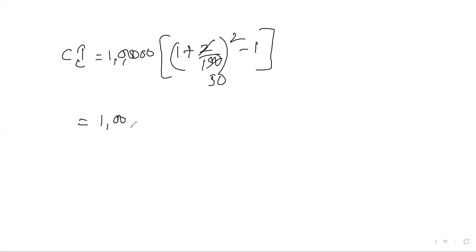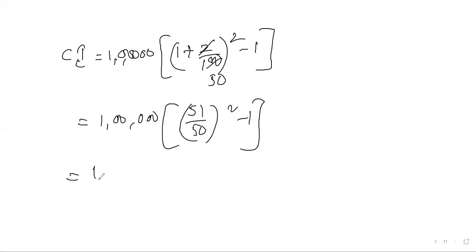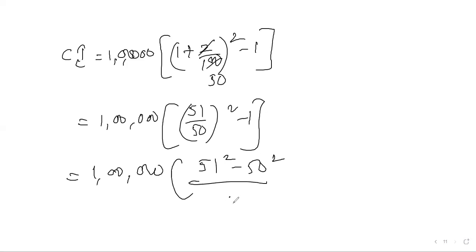Again this is 1 lakh into (50 plus 1) 51, so that is 51 by 50 whole square minus 1. Again you write it as 1 lakh into (51 square minus 50 square) by 50 square. It is a square minus b square, (a plus b) into (a minus b). 50 plus 51 is 101.